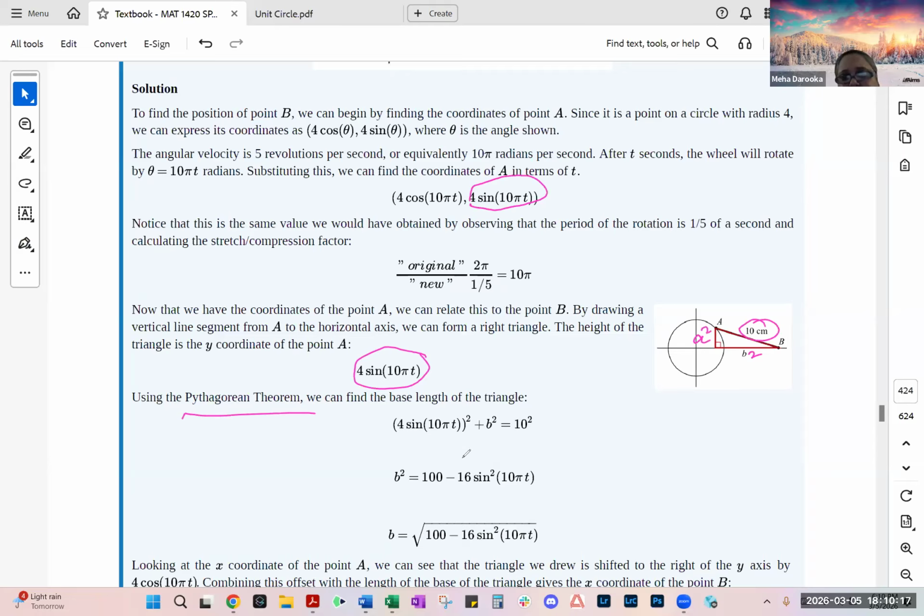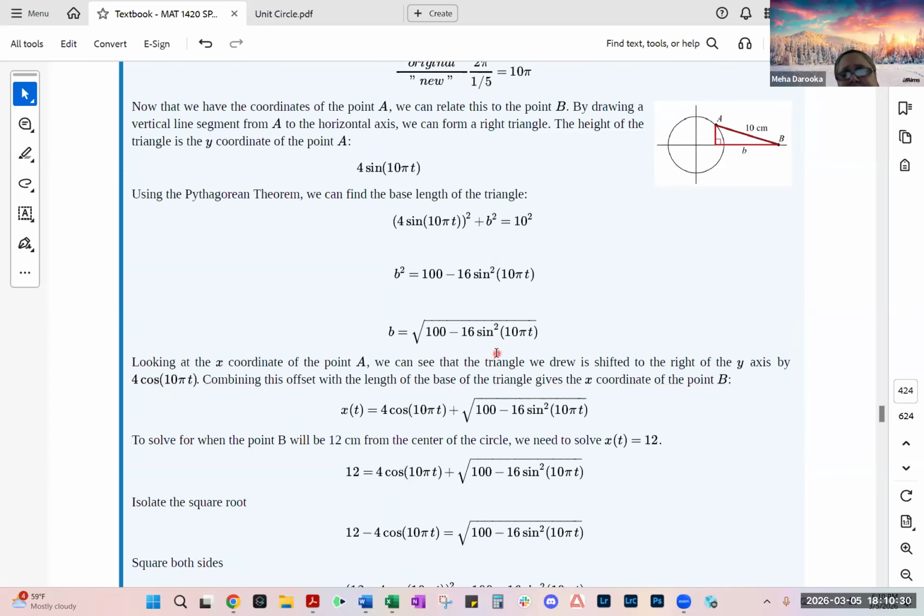And you can see once we plug that into the Pythagorean theorem, you can go ahead and solve for B over here. So just your basic simple math with the Pythagorean theorem. And remember, this will still be in terms of t because we don't know the time yet. But go ahead and simplify this. Basically, you can see the 10 squared becomes 100.